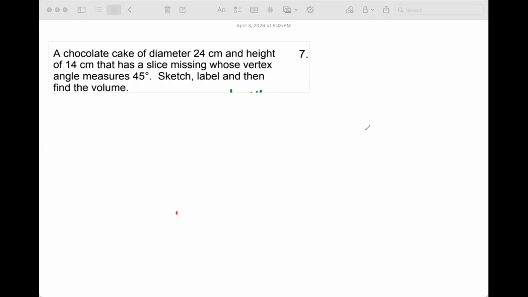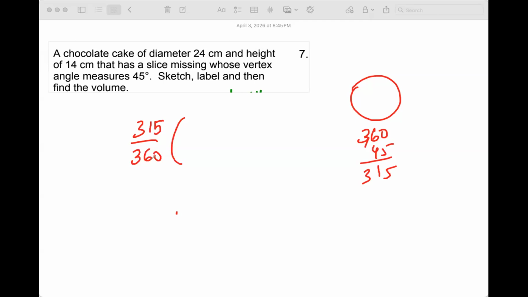Okay, the entire cake is 360 degrees, right? 45 by 360 is missing, means what is the rest of it? You subtract 45, what do you get? 315, right? So 315 by 360 of that volume. Does that sound good?